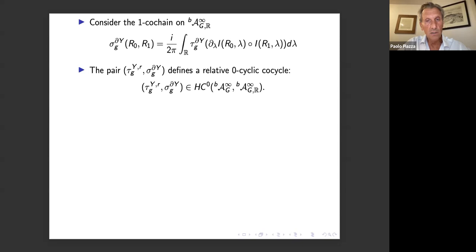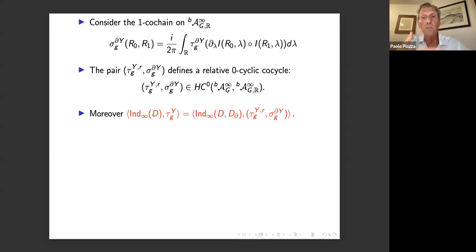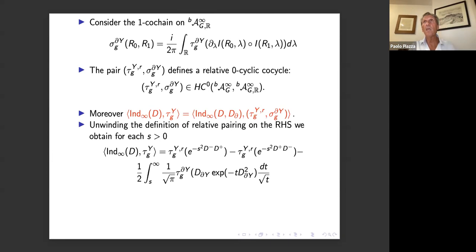And the most important information is this formula. Namely, the left-hand side is what you want to compute, and the right-hand side is what comes from these relative classes. Now, if you unwind the relative pairing on the right-hand side, and you do some computations, then for each s greater than 0, you have this equality.